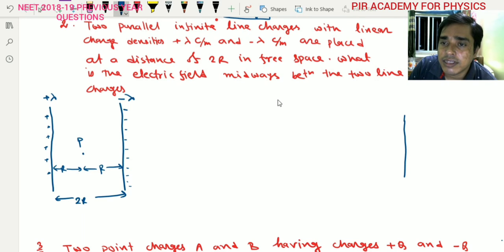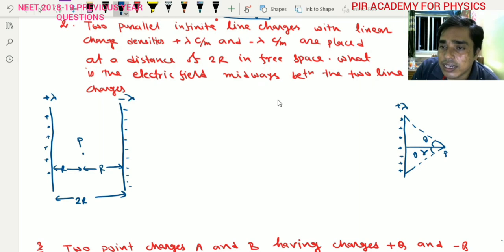Suppose this line has charge density plus lambda. Now you have to find the electric field at a point P at a distance R. Suppose this angle is theta and this angle is also theta.